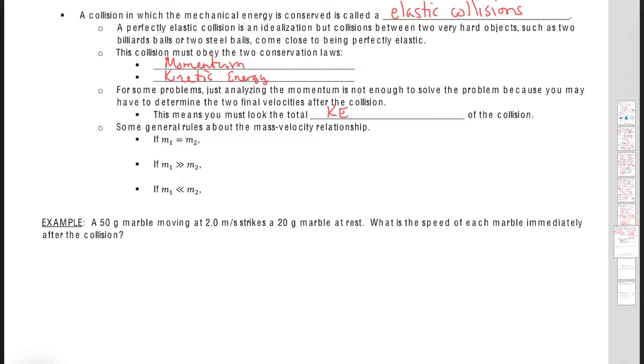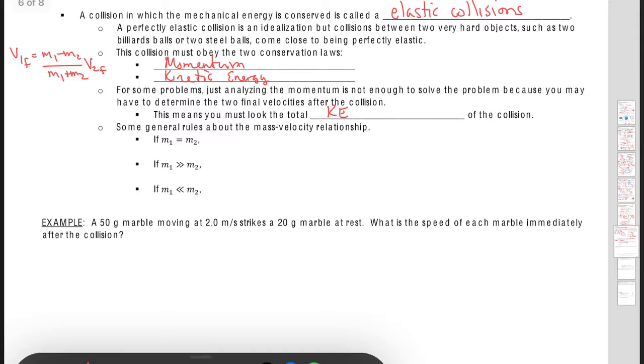Just real quick, I'm going to give you two equations. These are equations that are not given by AP, but if you can memorize them, they will help you when doing questions with multiple velocities.